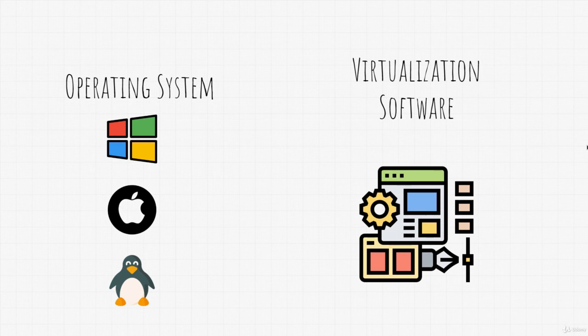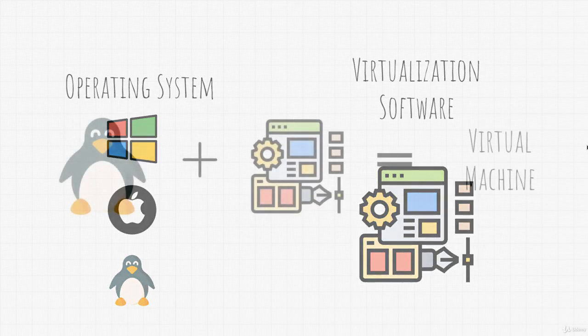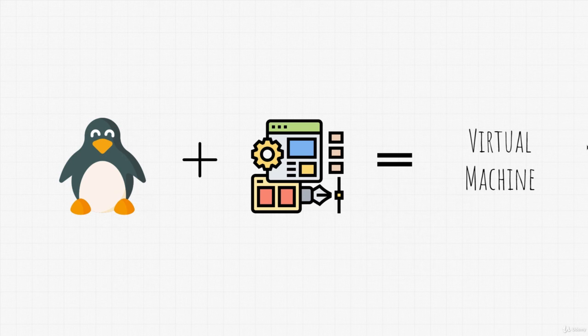Even though it sounds harsh, virtualization software is essentially a program that will allow our physical machine to lend hardware components to our virtual machine. Or we can also define it as a program that will allow us to run multiple operating systems on a single host. So, with these 2, we can create our virtual machine, and in the next few lectures, we're going to see exactly how we can do that.